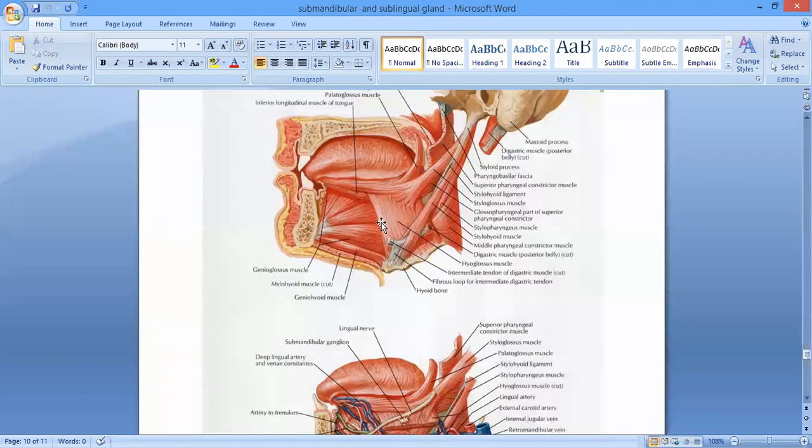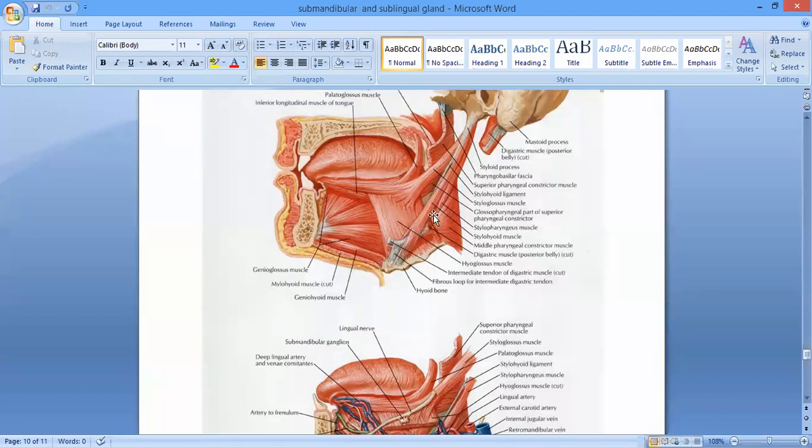This is the location where the submandibular gland lies, right? So the medial surface of the submandibular gland lies against the mylohyoid muscle, the hyoglossus muscle, and the styloglossus muscle, and inferiorly, its deeper surface is going to overlap two other muscles, the stylohyoid muscle and the smaller posterior belly of the digastric, coming down along with the stylohyoid.